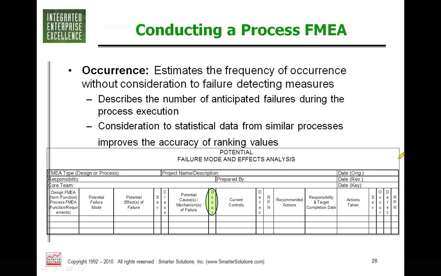So something could be very severe, but it may not occur very often, or something may be less severe, but it can occur a lot. So you can see how the severity column and the occurrence column kind of cancel each other out, or they need to be looked at in combination, because we're going to get to this risk priority number.